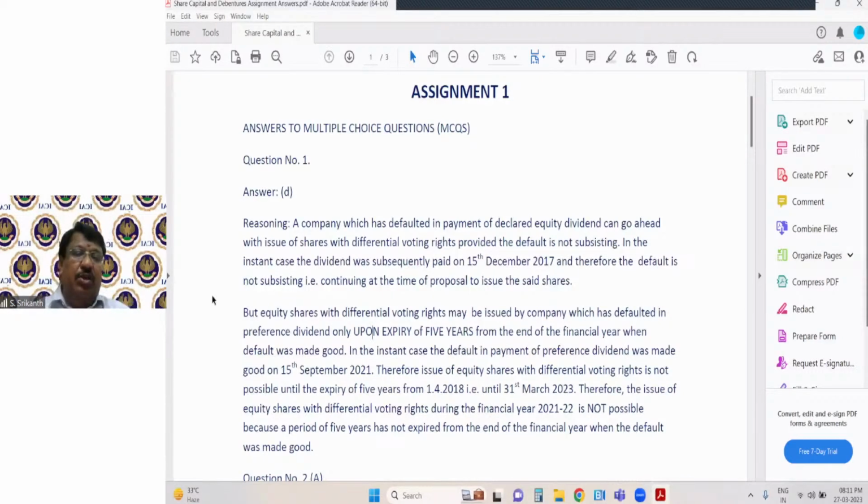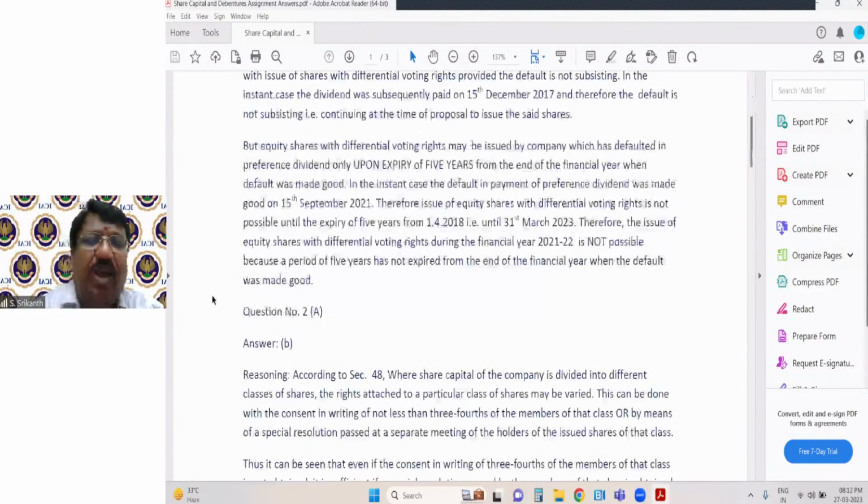Therefore, the issue is not possible because the period of 5 years has not elapsed. Got it? You just have to wait for another 5 days. On 1st of April, this company can issue, but today it cannot because 5 years has not elapsed from the end of the financial year.